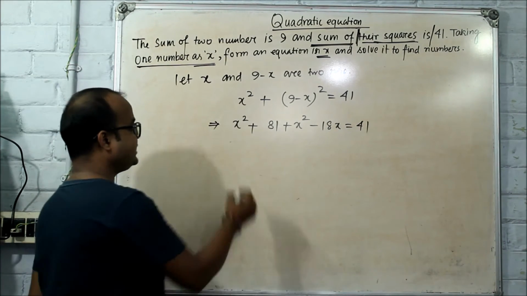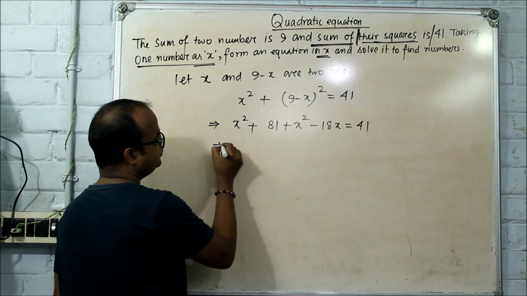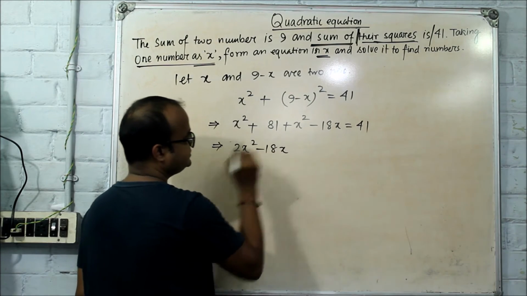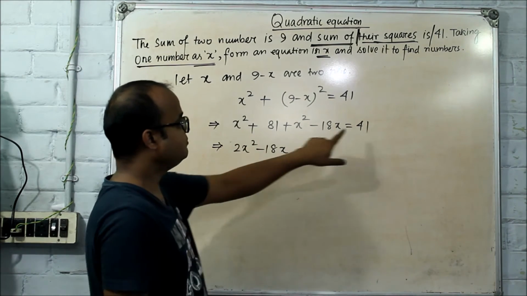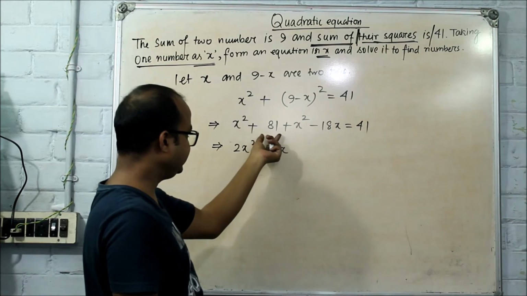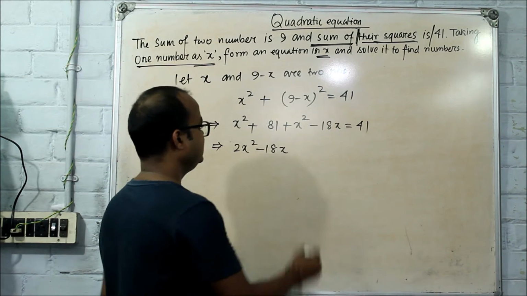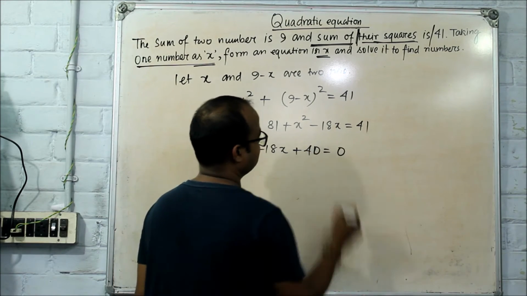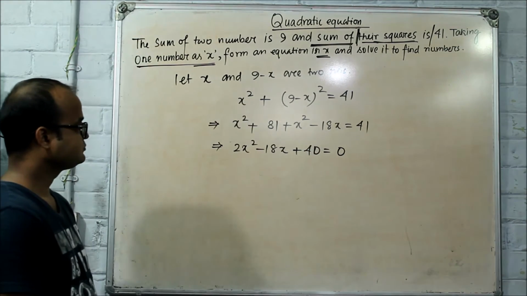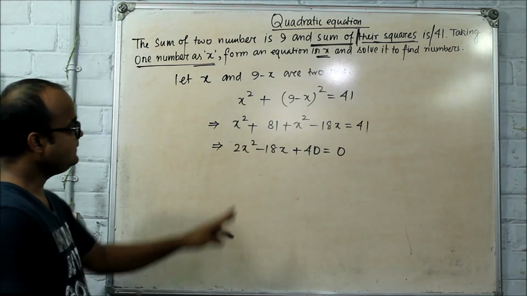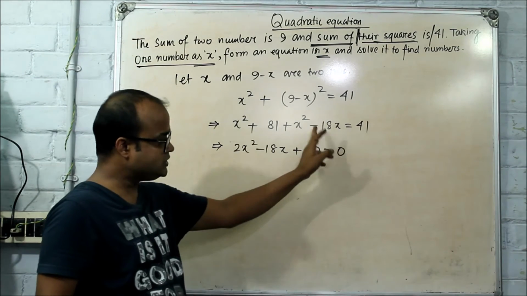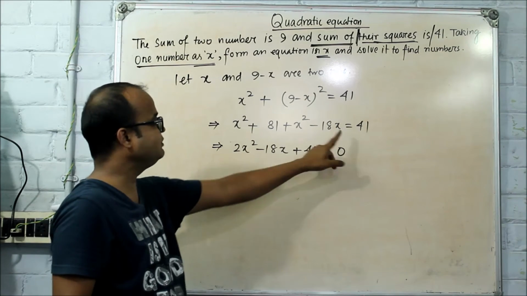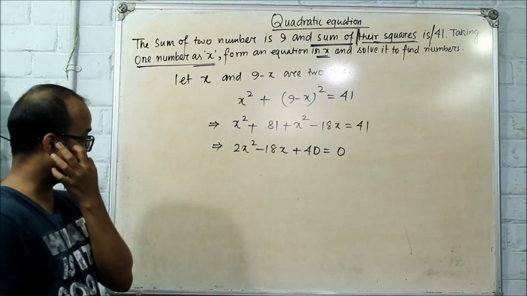So x square plus x square is equal to 2x square minus 18x plus 81 minus 41. I am taking this 41 to this side, so 41 will become minus 41. 81 minus 41 is equal to plus 40, is equal to 0.